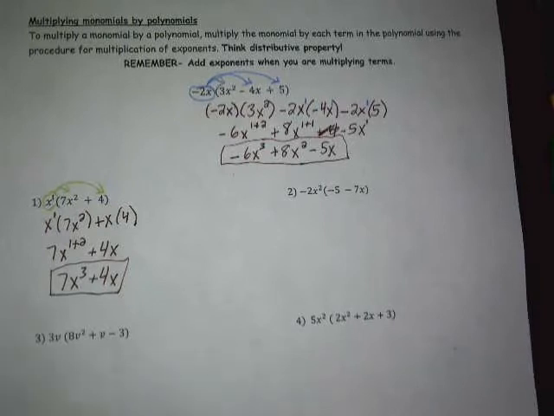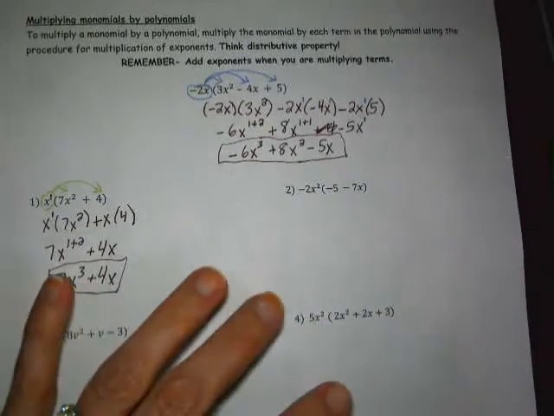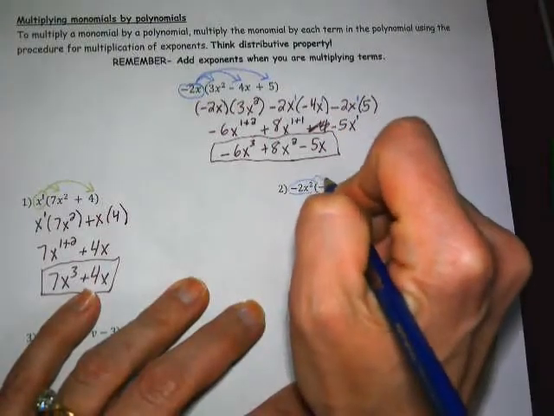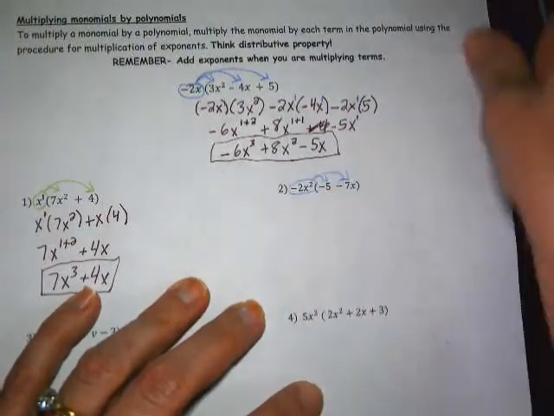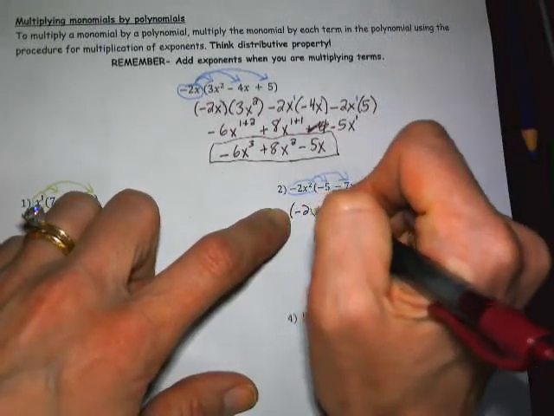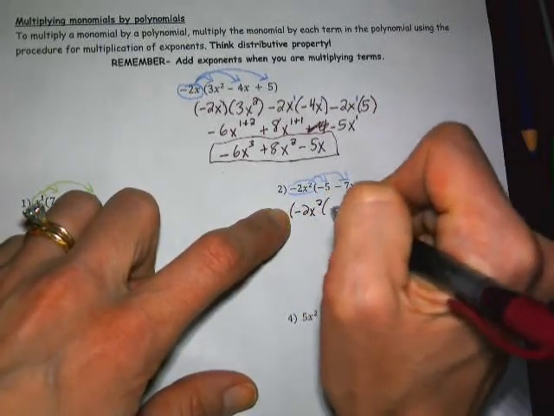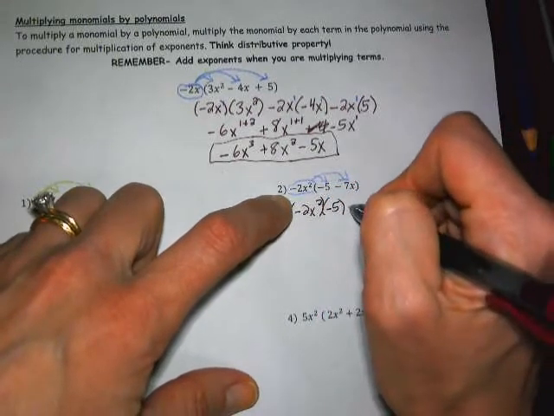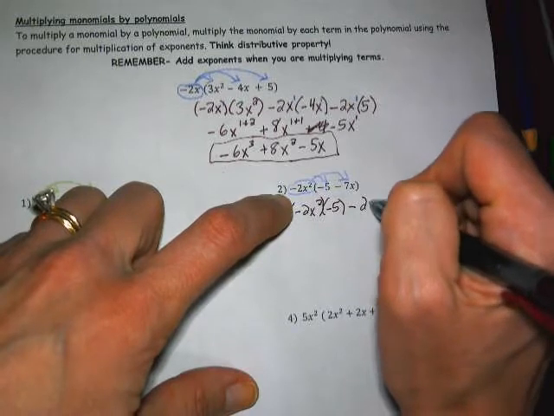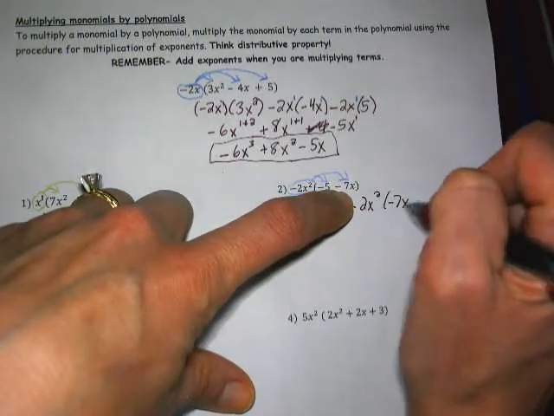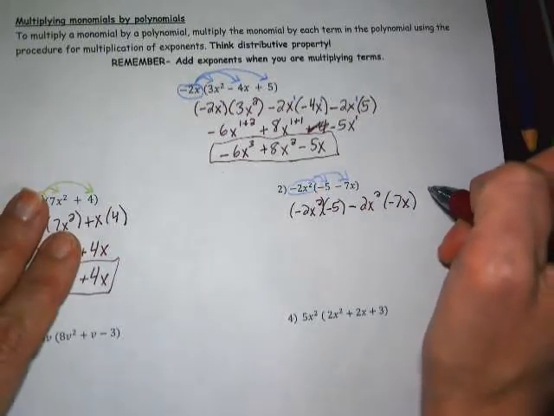Number 2, we have a negative. The negatives always just add another level of complexity to keep track of. So watch your signs here. Negative 2x squared times negative 5. Minus 2x squared times negative 7x.